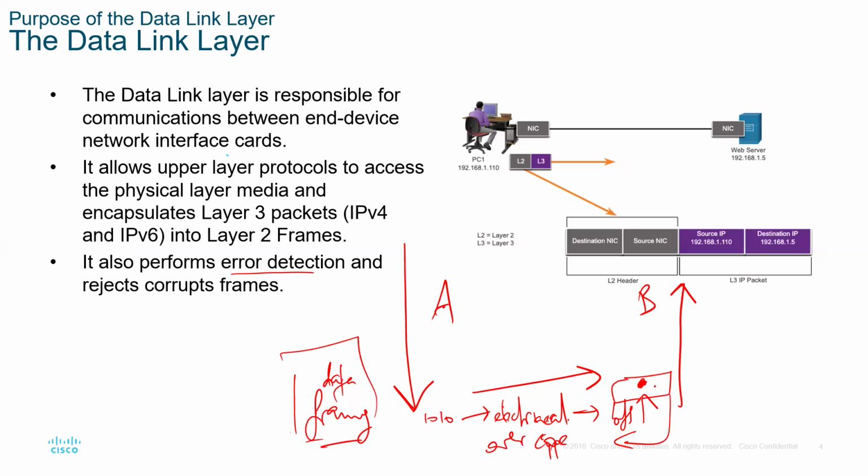So within the frame, I want to go back a little bit. Within the frame, here we go, we got our bits up to the second layer, de-encapsulation, the removing of the headers and the trailers. When we remove the headers and the trailers, what do we see in that information? We see a couple of bits which are used for error detection.